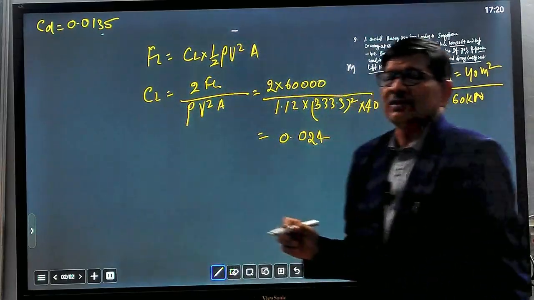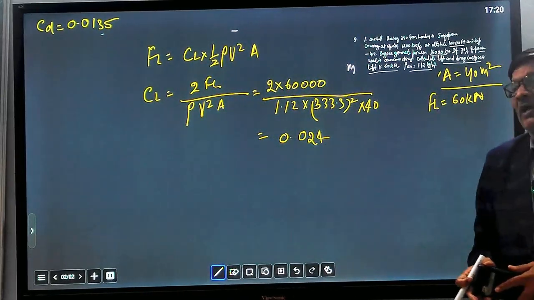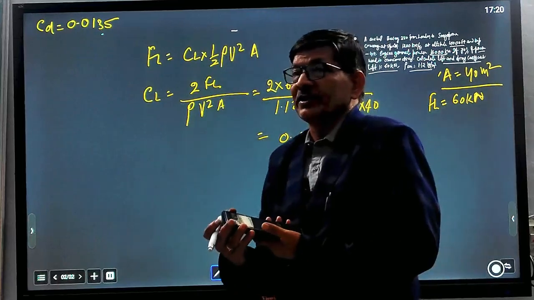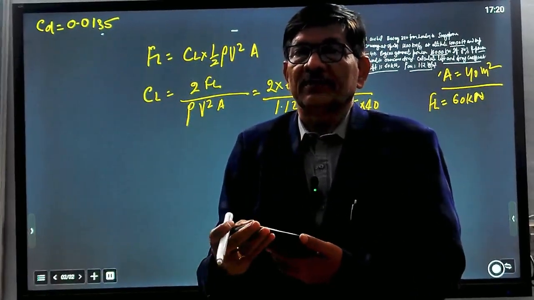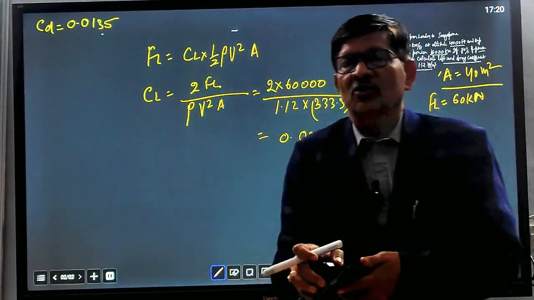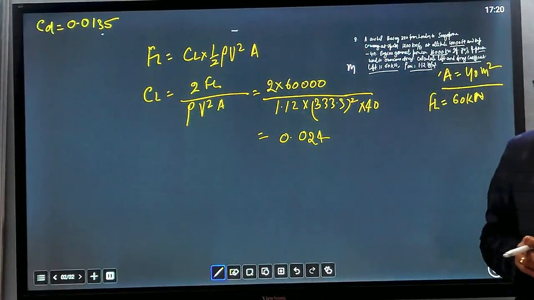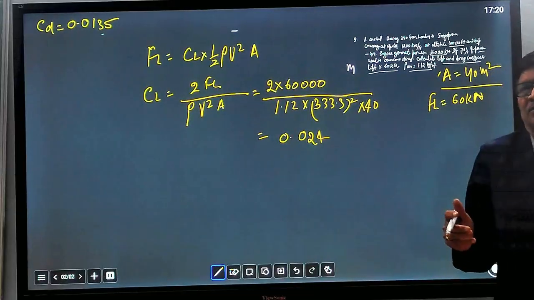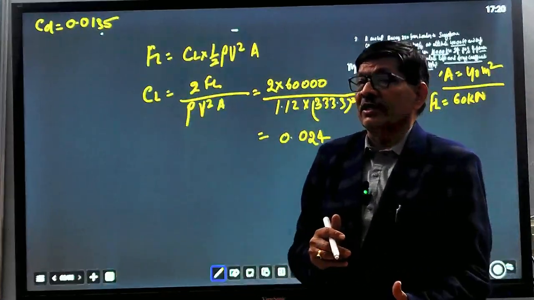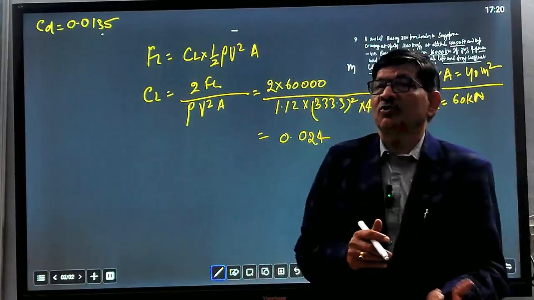So this is very simple to find out. Once you understand what lift force and drag force are, it becomes very simple to calculate lift coefficient and drag coefficient. And in most academic examinations, you will find questions to calculate lift and drag force or lift and drag coefficient of the aeroplane.